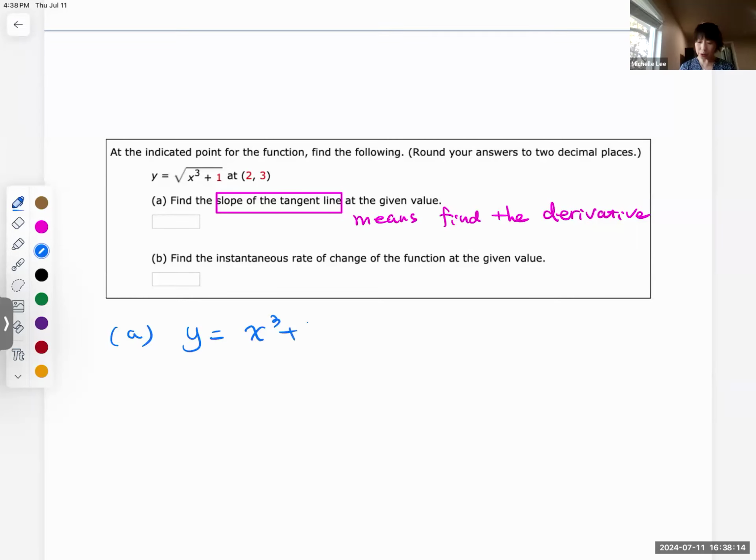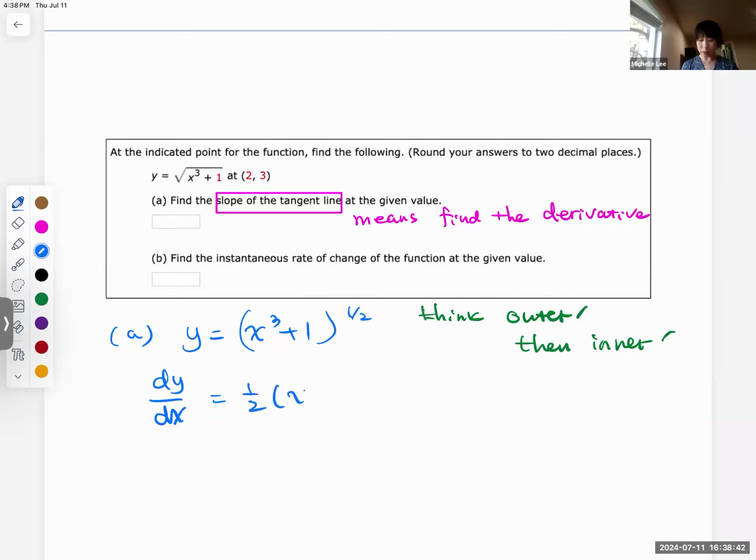We change it to a power, right? Then outer first prime, then inner prime. So the outer is the 1/2, and then reduce by 1.